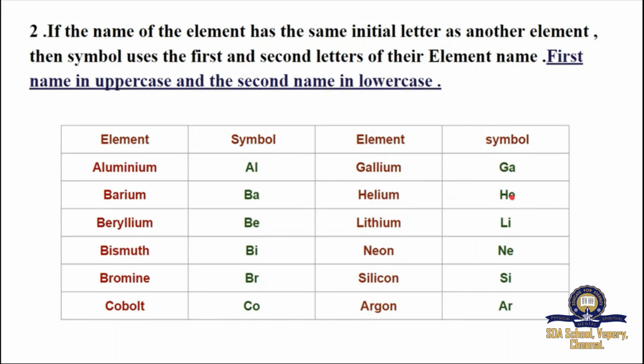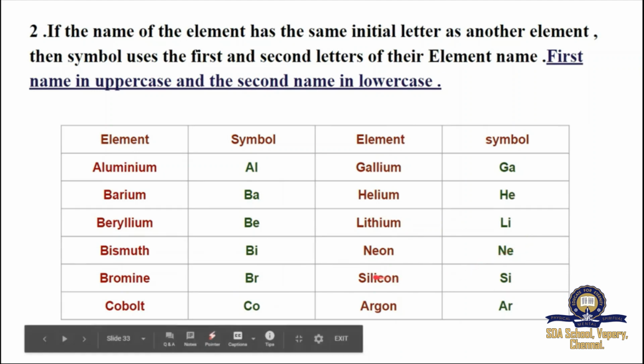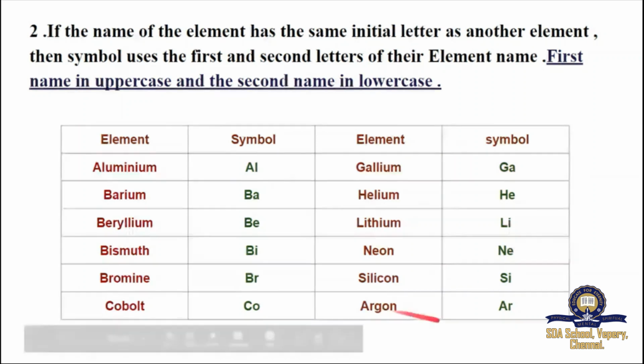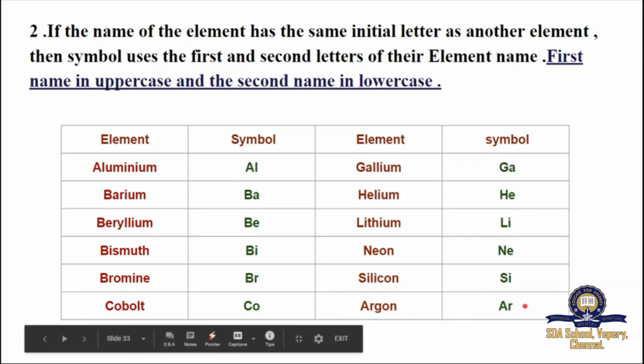For helium, the symbol is He. For lithium, the symbol is Li. For neon, the symbol is Ne. For silicon, the symbol is Si. And for the element argon, the symbol is Ar. Next, we will see the third type of symbols.